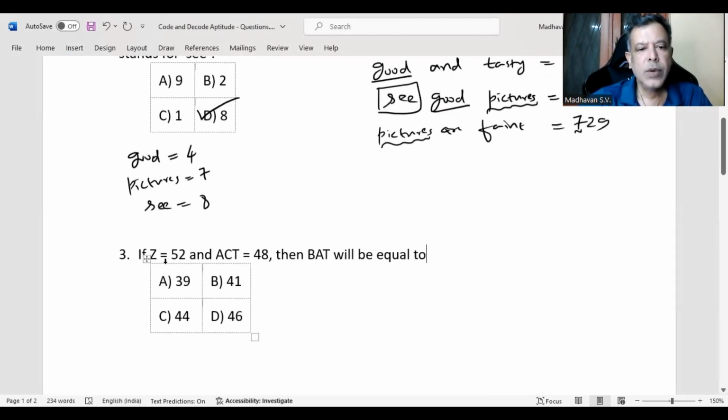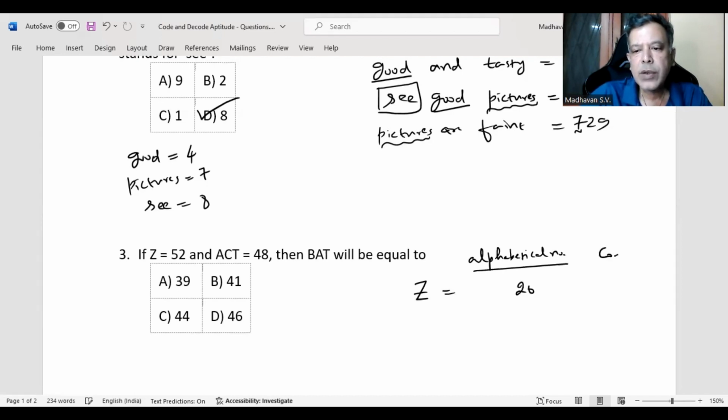Here, Z is coded as 52, ACT is coded as 48, then BAT will be equal to what? The maximum number of alphabets in English is 26, and the last alphabet is Z, but they gave Z as 52, which means the alphabetical number, which is 26, has been doubled, so 2 times 26.